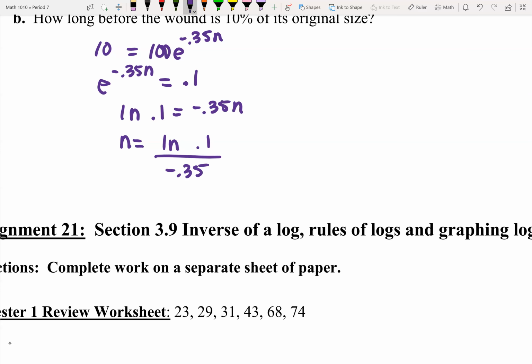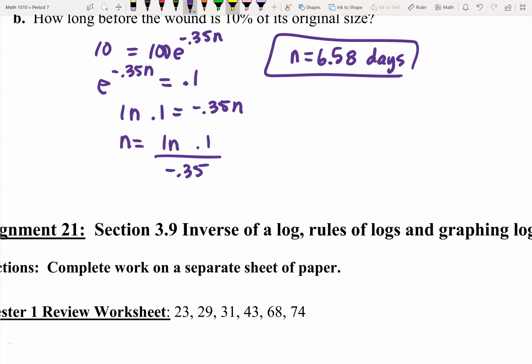Grab your calculator. Go ln 0.1, close it, divided by negative 0.35, enter. Don't clear your calculator. Let's go 2 digits, and we're going to say 6.58 days.